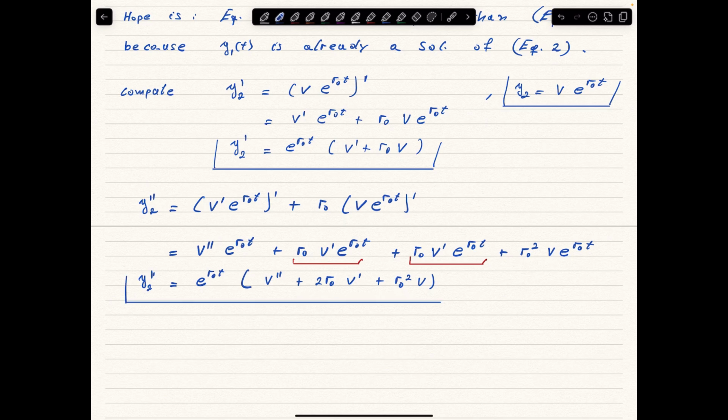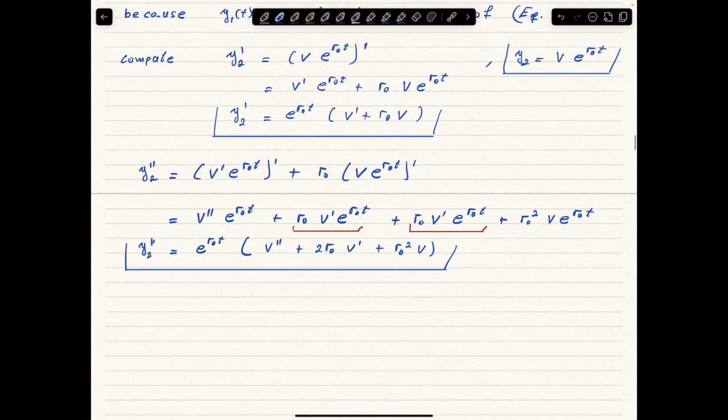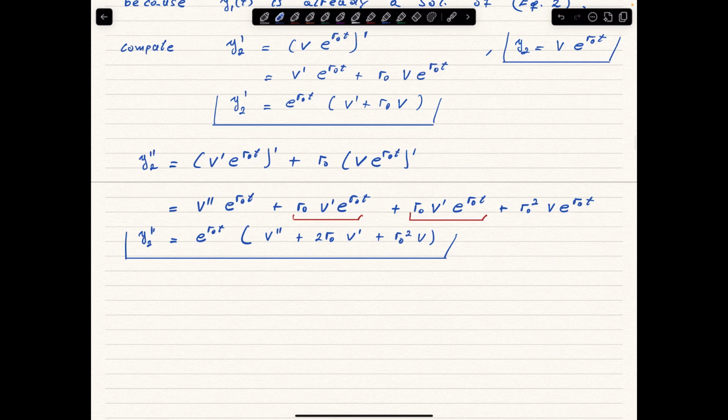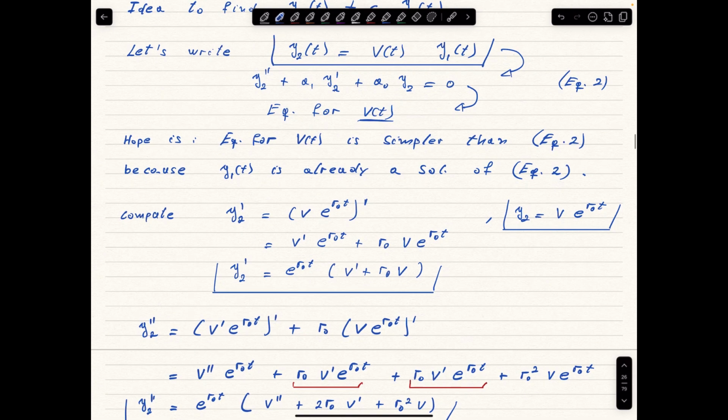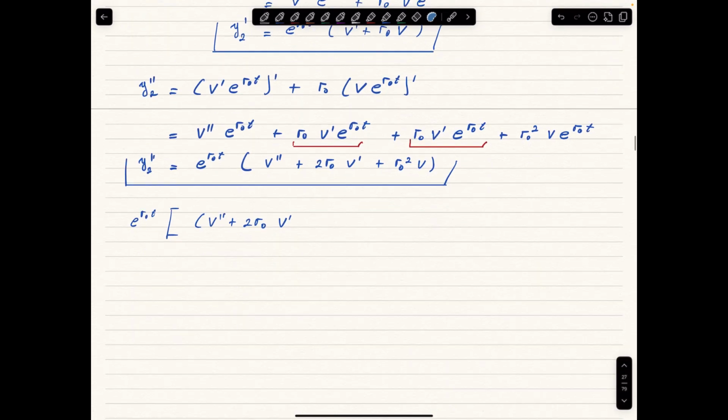And now we put everything into the equation, and we see what equation we have for v. The equation is then exponential r0t multiplying v double prime plus 2 r0 v prime plus r0 squared v. So maybe it's a good idea to copy the original equation. Let's move this down a little bit.